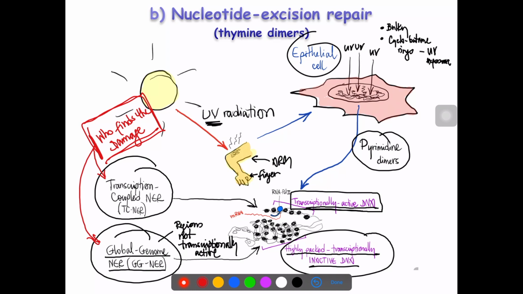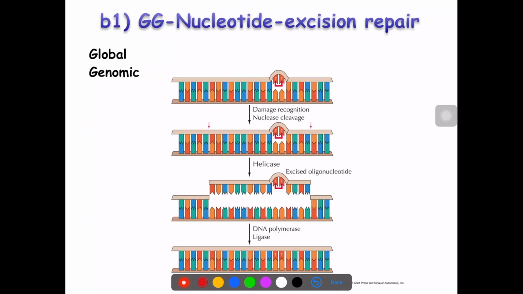So let's start with global genome nucleotide excision repair. So the idea here is relatively simple. The first thing that needs to happen is there needs to be enzymatic activity that will identify the region of DNA where the damage is located. Next, it actually needs to recruit a series of enzymes that will do a couple of things.